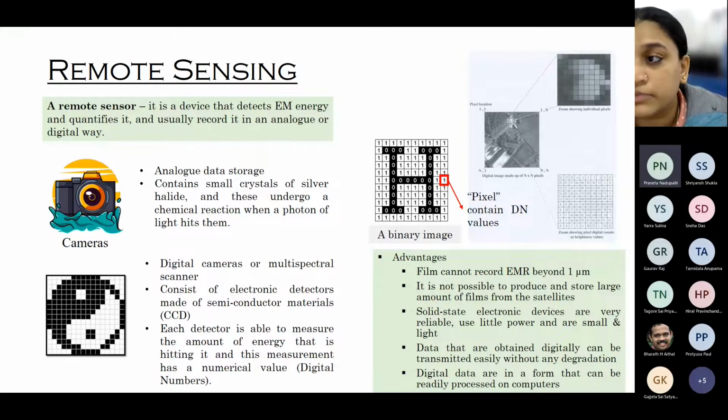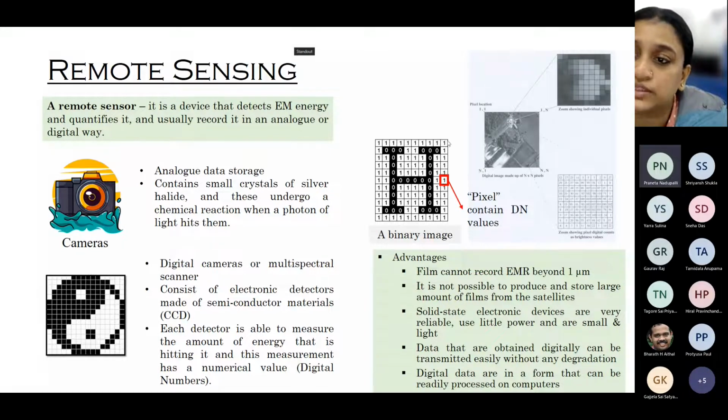This measurement is reflected as a numerical value, which we call the digital number. The image is binary, and the smallest element, which contains a digital number value, is called a pixel.